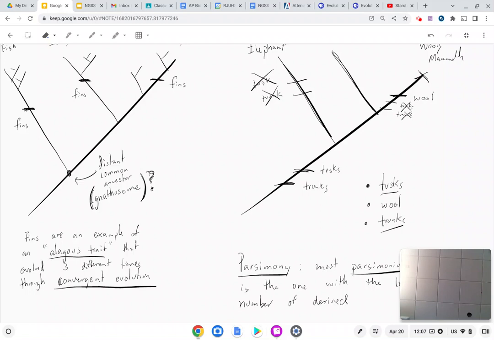Do you guys know that a squid's eye, or an octopus's eye, octopus and squid have eyeballs, but those eyes evolved separately from the eye that mammals have, and even fish.